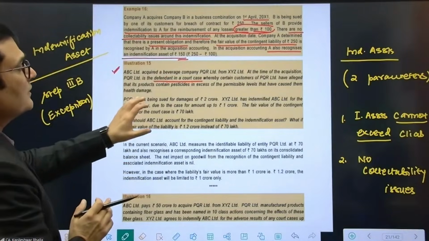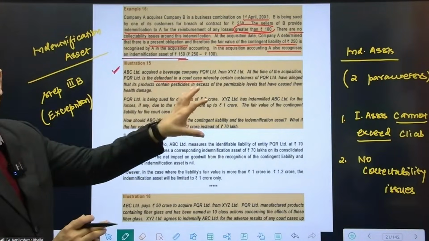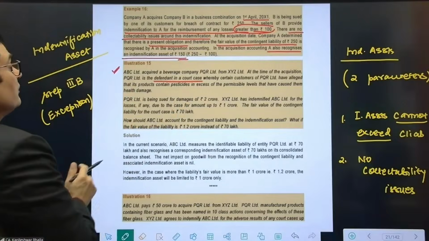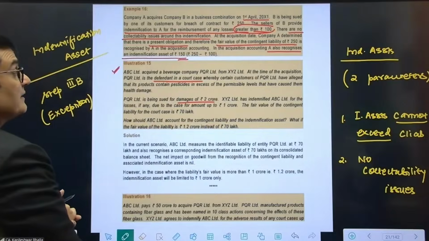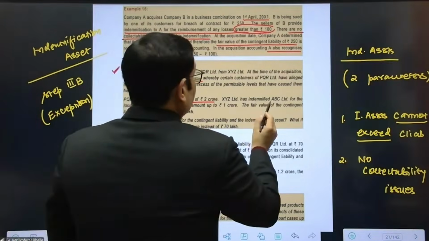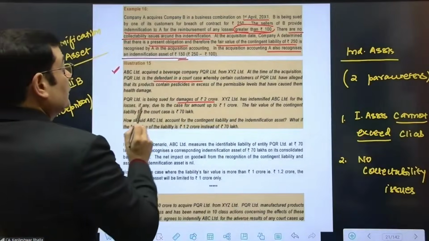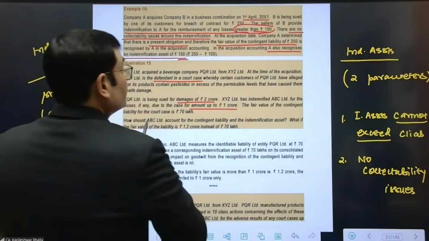So there are some court cases by the customers against the company. Then he says PQR is being sued for damages of 2 crores. XYZ indemnified ABC for the losses, if any, due to the case up to 1 crore.